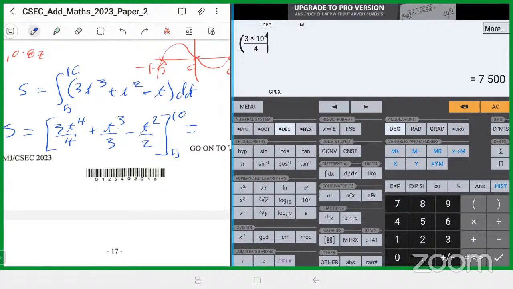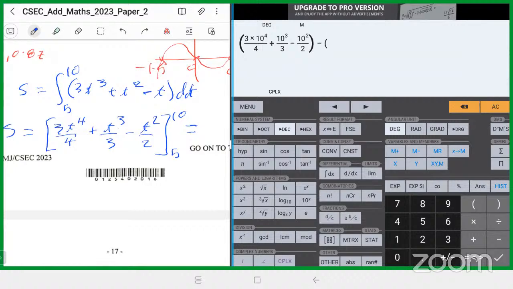And then I'm going to add a fraction again, t cubed, and the t is 10 cubed over 3. And then I'm going to subtract a fraction again. T this time is 10 again, squared over 2. Then I close my bracket. That's when I apply the 10. I'm going to subtract a bracket, then I'm going to apply the 5.